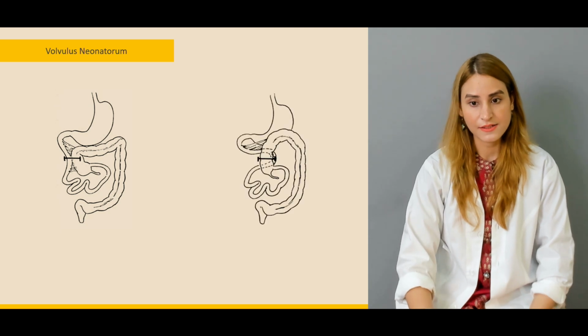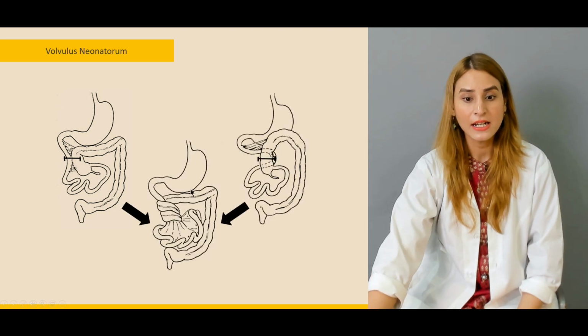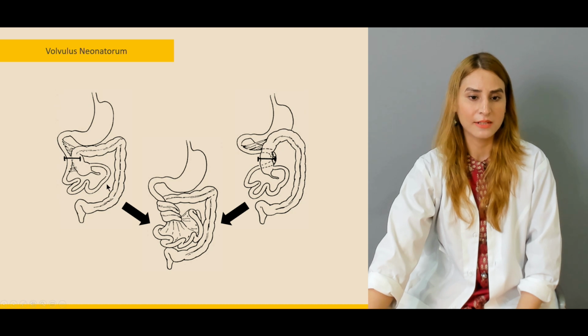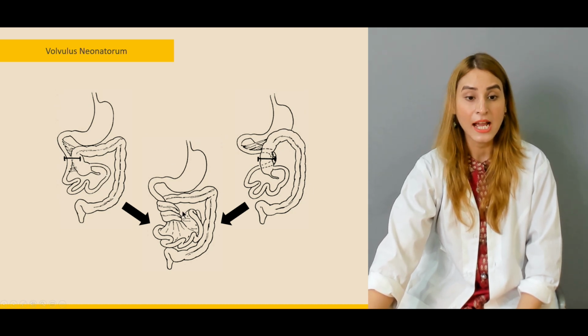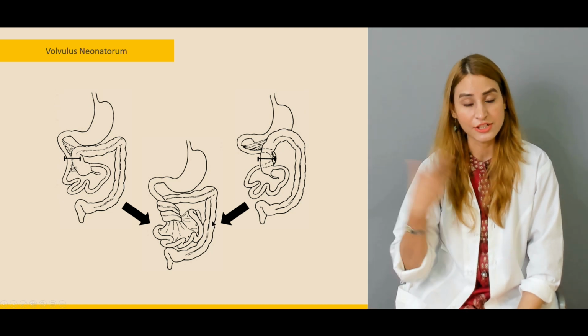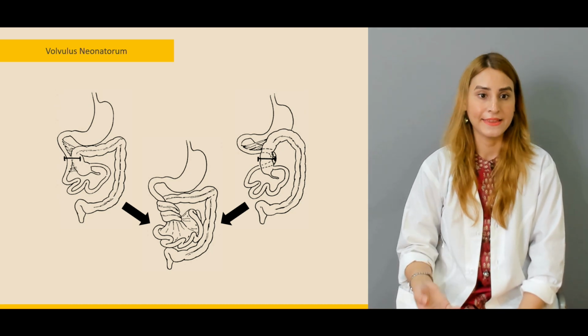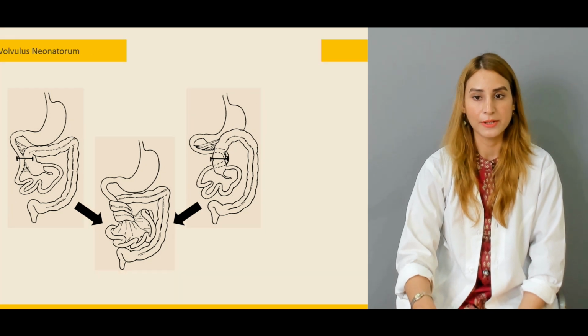You can see here that this is already a malrotated gut, but actually the malrotated gut twists upon its own self, and that is called a volvulus neonatorum.